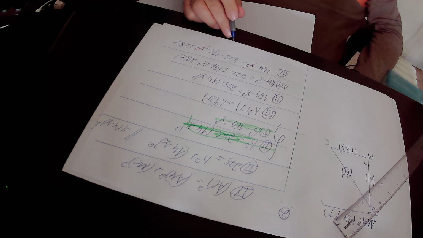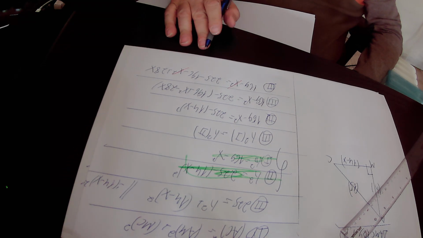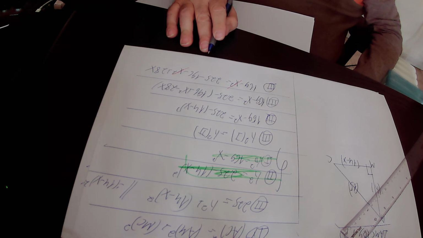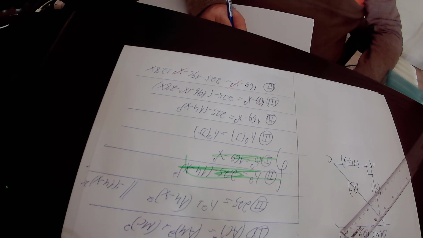On the other side of the equation, we have 225 minus 196, this is 29, plus 28x.